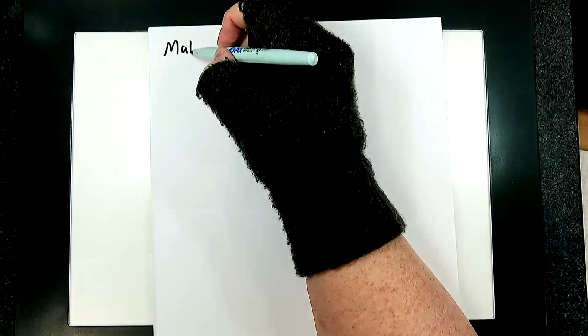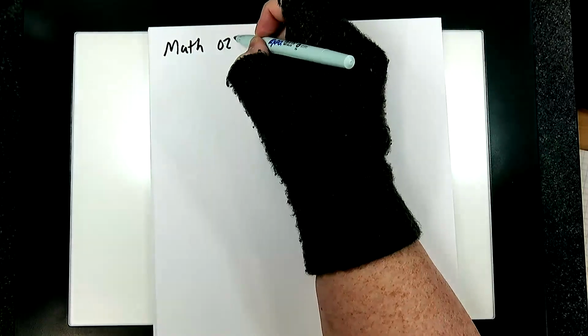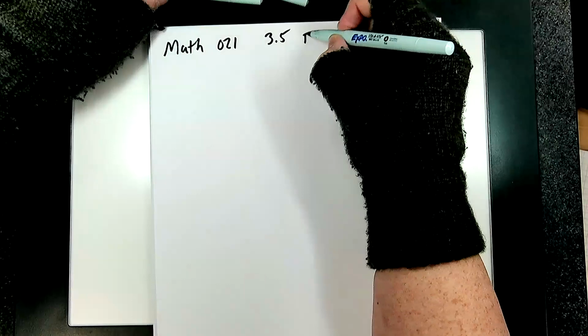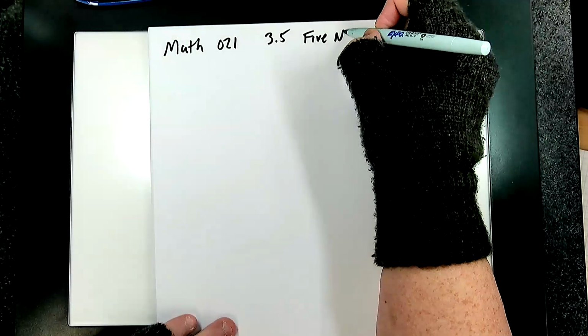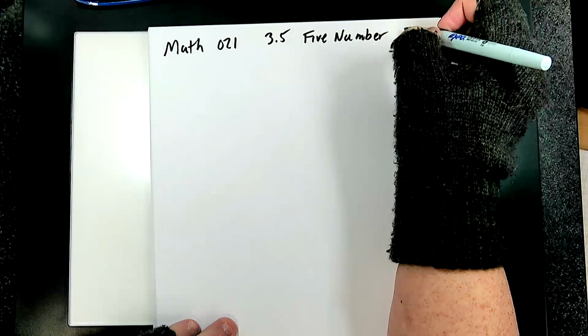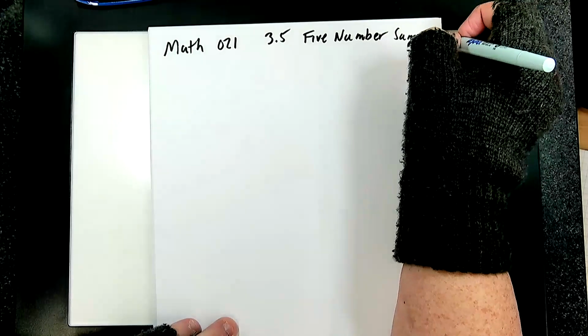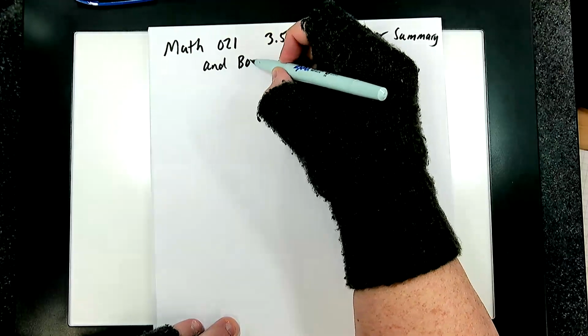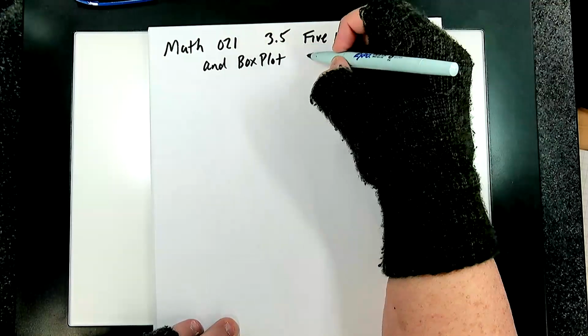Right, so today we're gonna do the 3.5. Let's just start with that. And this is our 5-number summary and also the box plot, also known as the whisker plot.